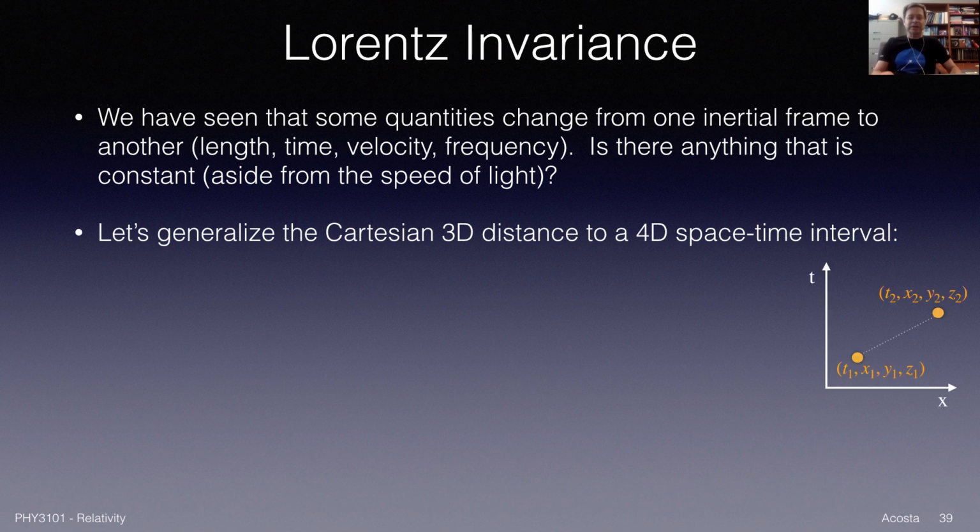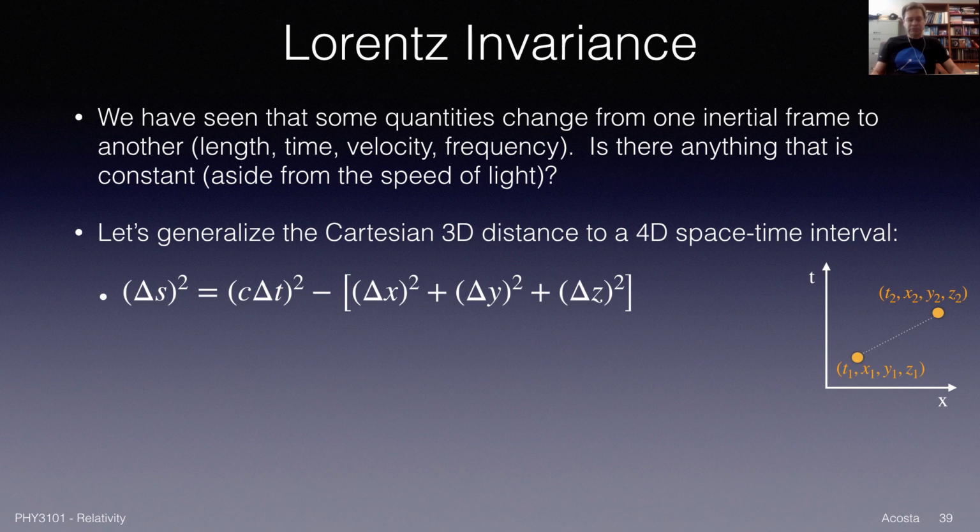So let's call up a graph here, and let's talk about how to measure the distance between two events, an event being something that has both a position and a time attached to it. So we're going to just go right into it and put the proposal here for a new definition for length in four-dimensional space-time.